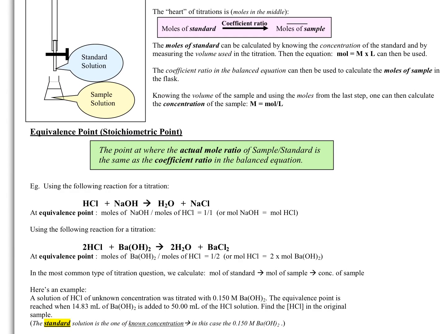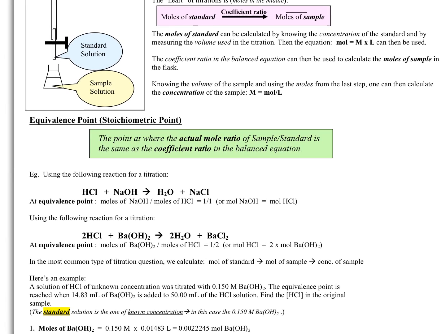Well, the standard solution is the one of my known concentration, so that makes my barium hydroxide. First, let's find the moles of barium hydroxide we added. We knew it was 0.15 molar, and at my equivalence point I had added 14.83 milliliters. So I find that I have added 0.022245 moles of barium hydroxide at the equivalence point.